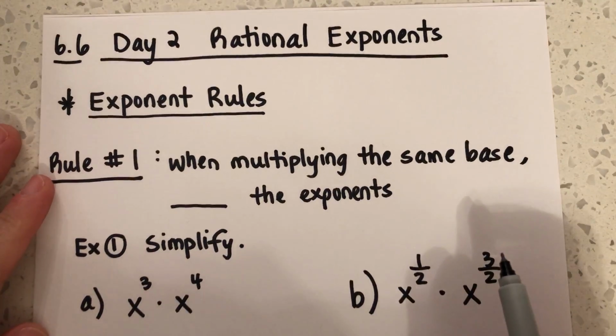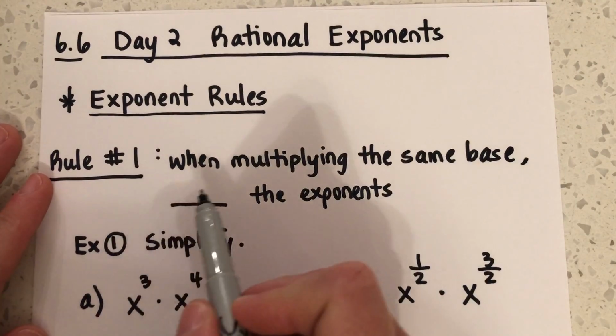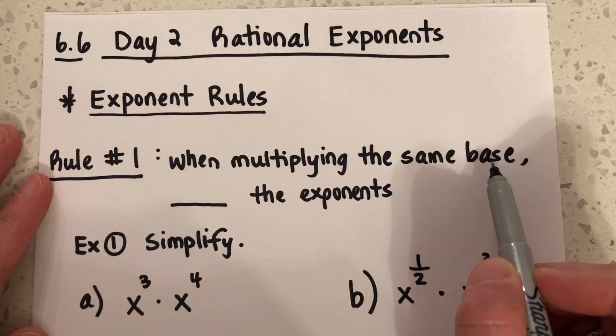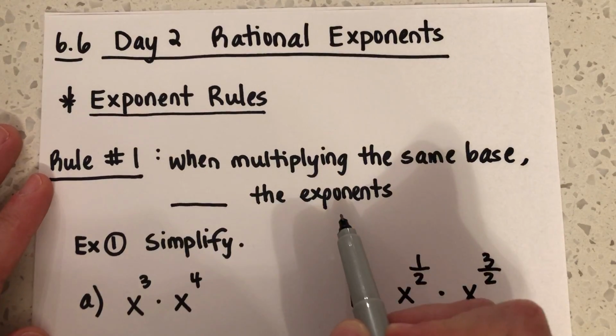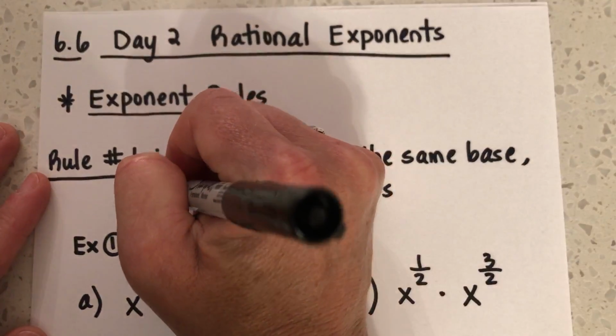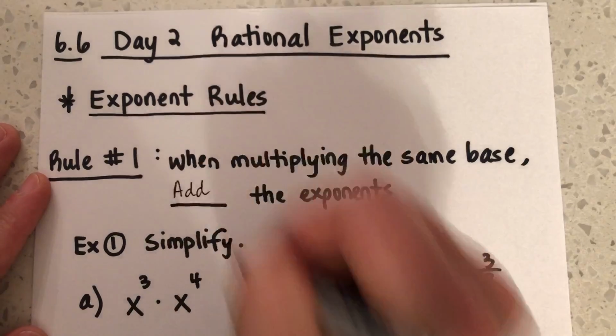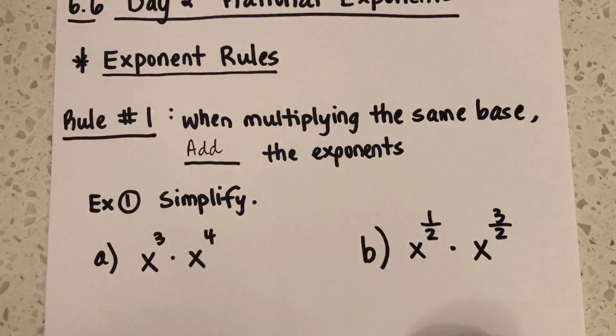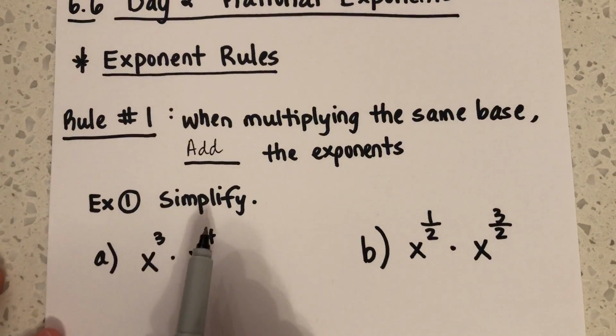All right, so let's review exponent rule number 1. We know that when we multiply the same base, we get to do what with our exponents? We get to add them. That's exponent rule number 1. Look at the following examples that go along with rule number 1. They're asking us to simplify.